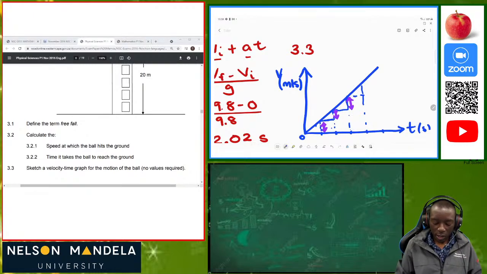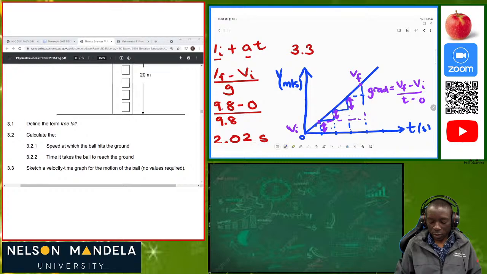So already, from your knowledge of graphs, if we take the gradient there, let's say we have Vf there and Vi there. Or let's put Vi back at 0. This is Vi. Then the gradient will be Vf minus Vi over t minus 0.